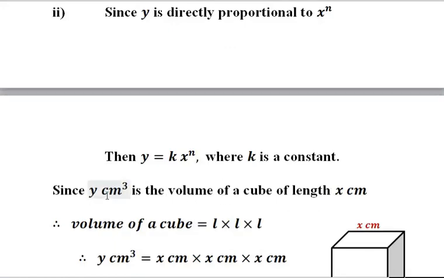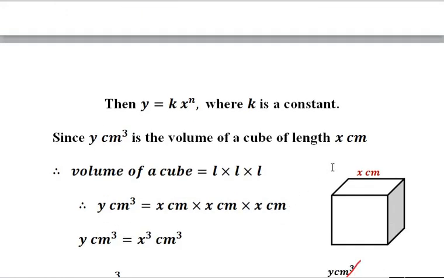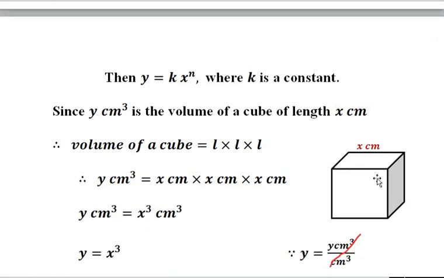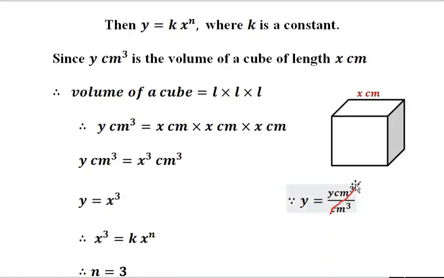And since y cubic centimeter or y cm cube is the volume of the cube whose length is x centimeter, now let me define this geometrical shape cube, a closed geometrical shape having 6 square shaped faces. So the volume of the cube is the product of all 3 dimensions, length multiplied by length multiplied by length.